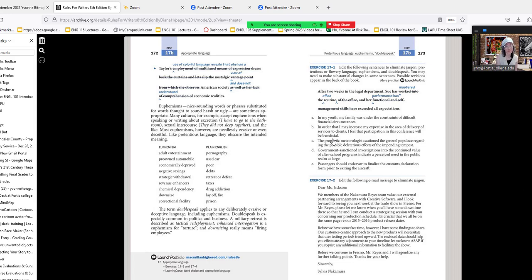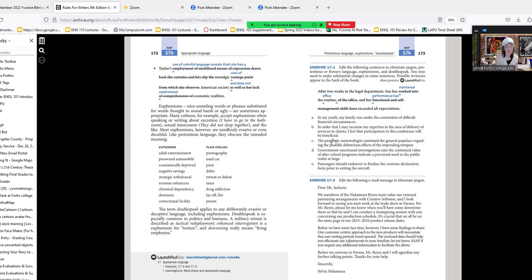So euphemisms, those are nice sounding words or phrases substituted for words thought to sound harsh or ugly, are sometimes appropriate. Many cultures, for instance, accept euphemisms when speaking or writing about excretion. So instead of saying, I have to go to the bathroom, or, for sexual intercourse, they did not sleep together, and the like.